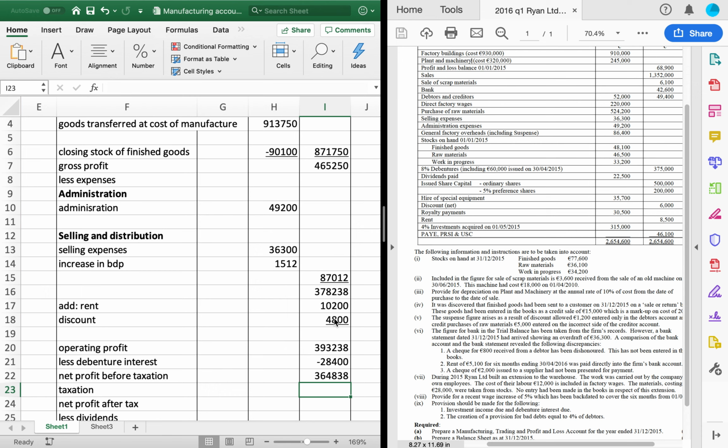That's your profit after tax. Then taxation should be in the question here somewhere. Normally it'll tell you to provide for it, but there was no mention of it. But there will be tax on the credit side here of let me see. Okay, there's no tax, so we'll just put that there.